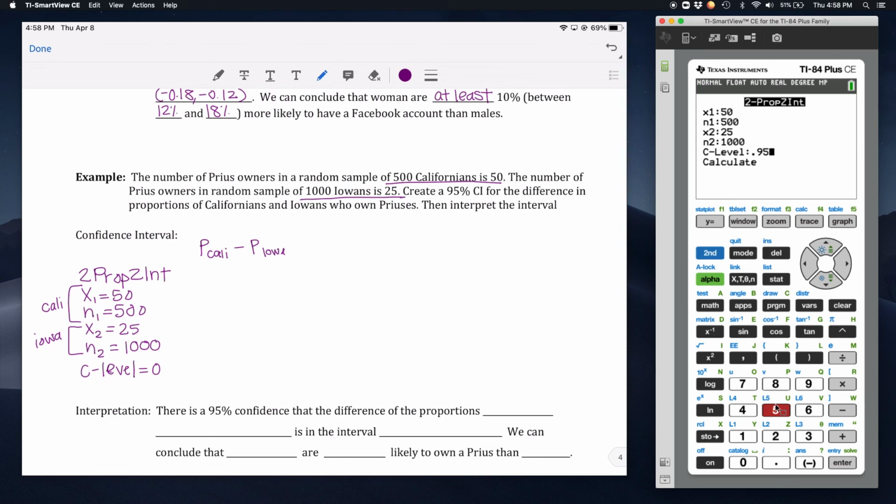Okay, let's go ahead and see what our results are. So as we hit calculate, we end up with an interval of 0.047 and 0.103.